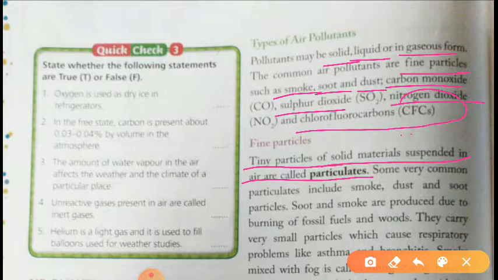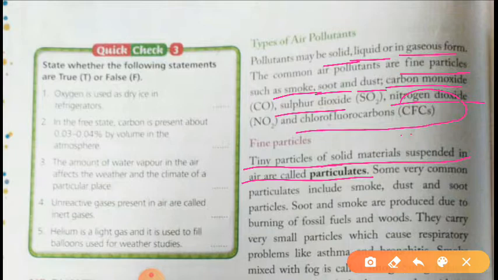It is produced by the burning of fossil fuel, either coal or petroleum, anything. When coal, petroleum or wood is burned, at that time smoke or soot particles come out. And what is the role of this soot particle? The soot particles carry very small particles which cause respiratory problems like asthma and bronchitis.